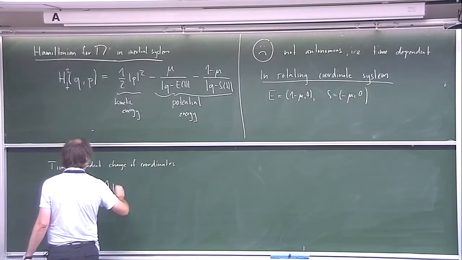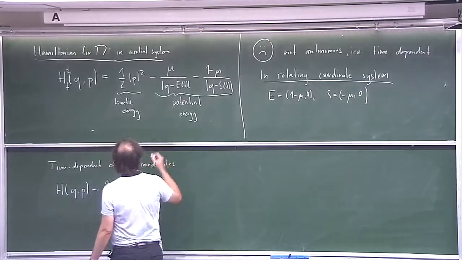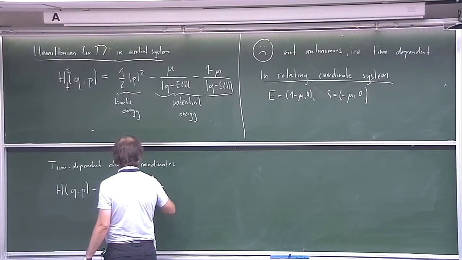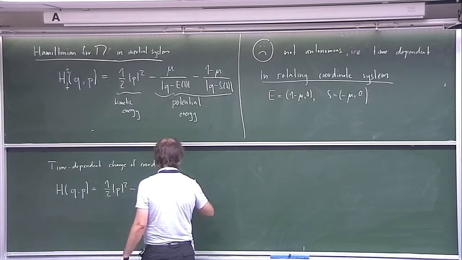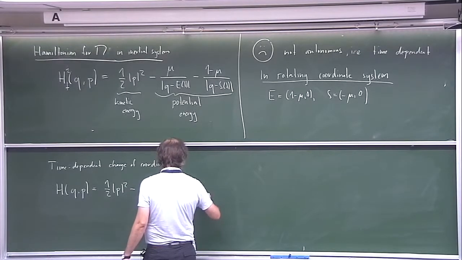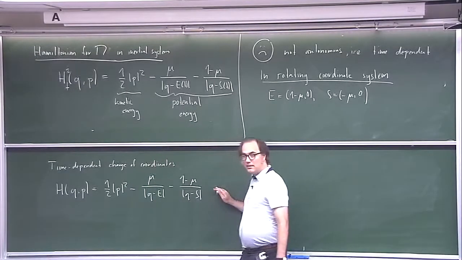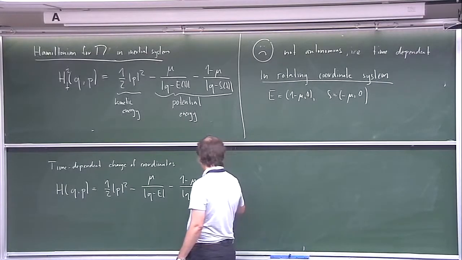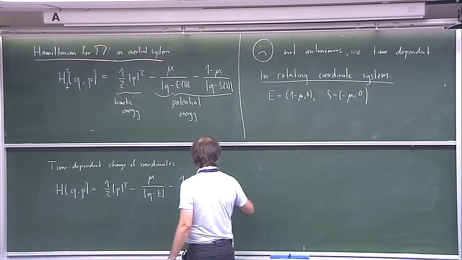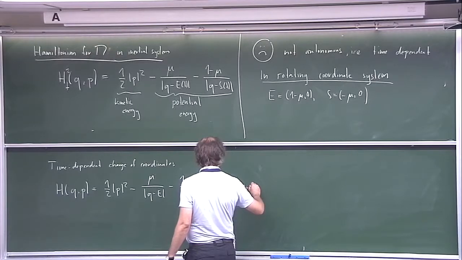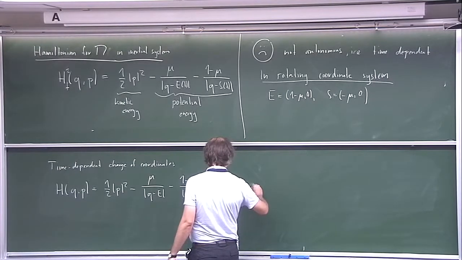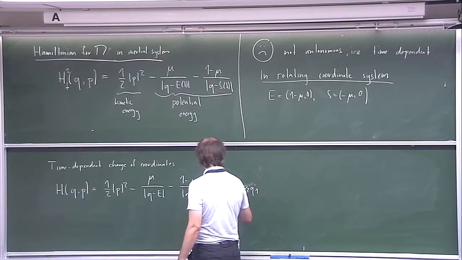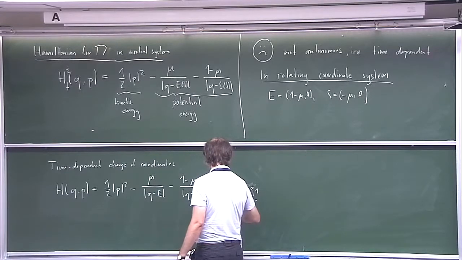This is 1/2 p squared, still the potential terms. But then, because we do this time-dependent change of coordinates, we have to add this angular momentum.